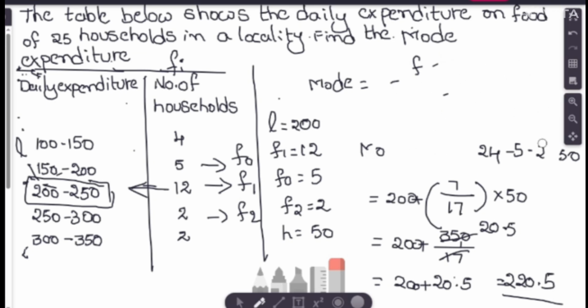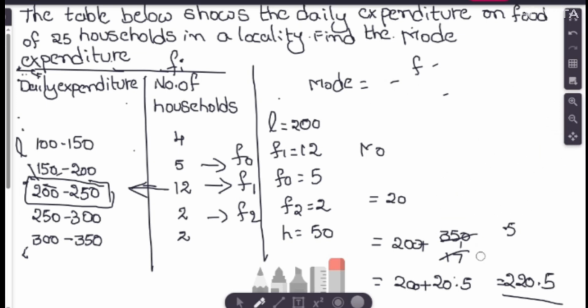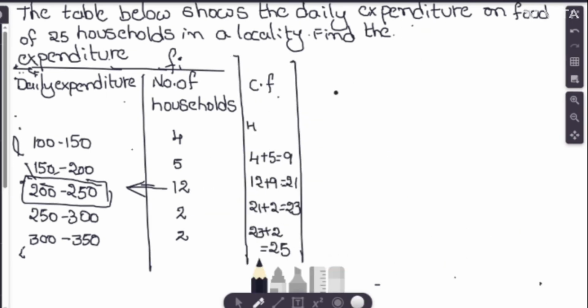For mode there is no need to make any column separately, but for median we have to make a new column. Find the median for the given table. For this we have to make a new column, that is CF, cumulative frequency.